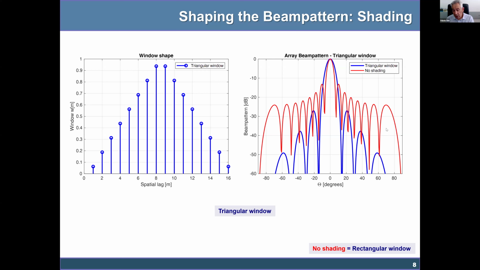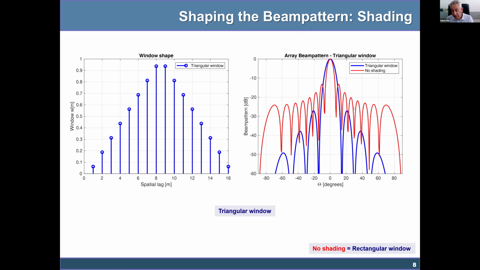But believe me, the area is constant because the area is the value of the window at zero lag in the middle. The windows always have the maximum in the middle, and they are always symmetric, and always positive also. So the area is constant.